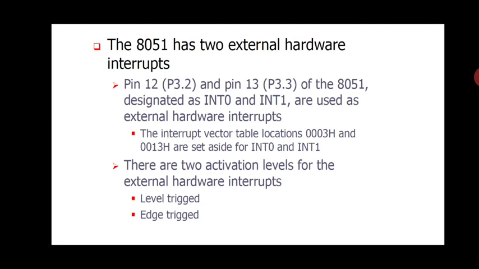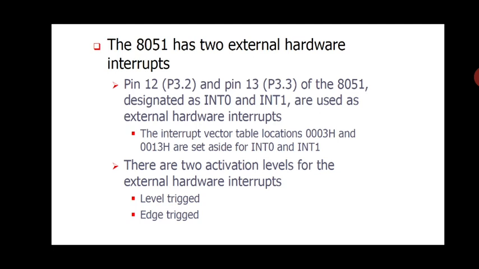If an interrupt comes from INT0, it sends the signal to the microcontroller, and the microcontroller jumps to location 0003H and executes. This execution we call the ISR. Similarly, for INT1 it will go to location 0013H. These are called vectored interrupts: if an interrupt has a specific location, we call it a vectored interrupt.